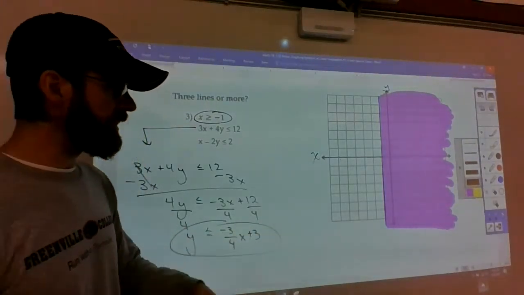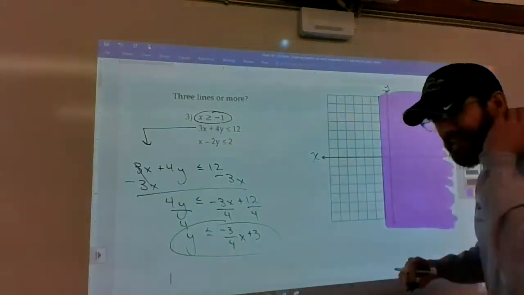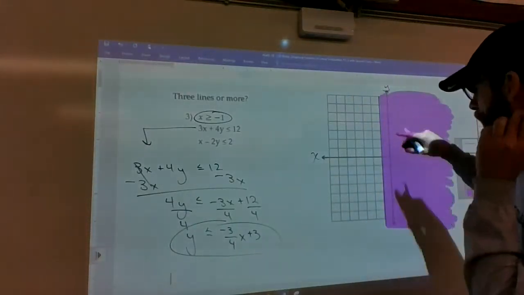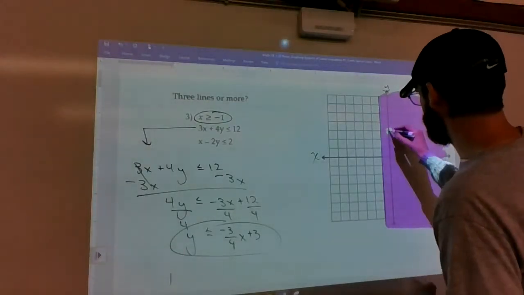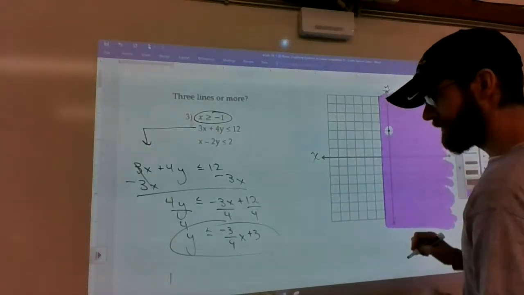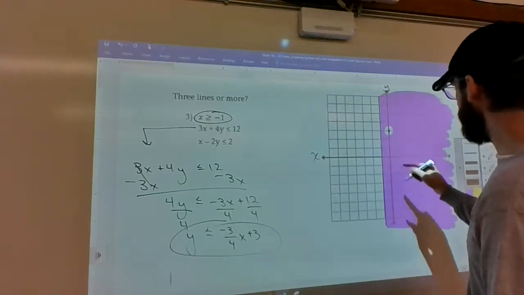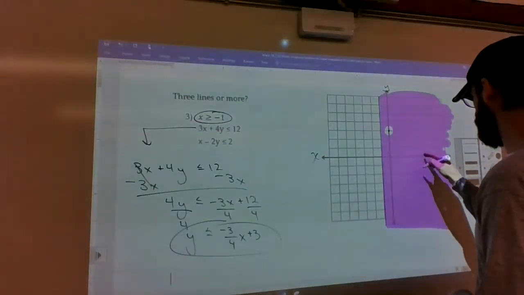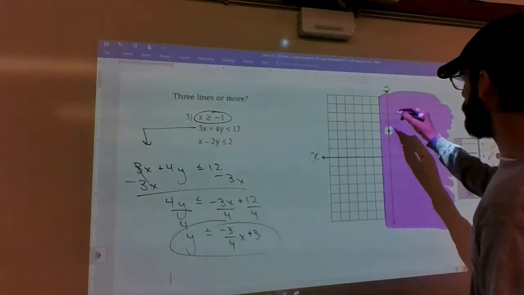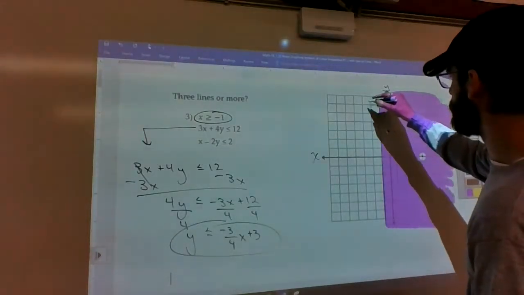So start at 3. This is going to get a little wonky because now we're going to put holes in this shaded region. So start at 3. Go down 3, right 4. Or up 1, 2, 3, left 1, 2, 3, 4.